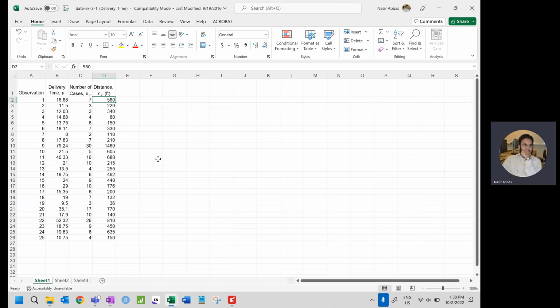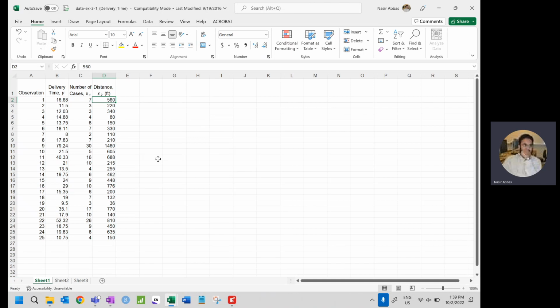And this time they brought another variable that is affecting the delivery time. By the way, this is the same example of filling the vending machines. How much time do you need to fill the vending machine? So the time for filling the vending machine, they said initially in chapter 2, is dependent upon the number of cases you have to fill into the vending machine. Now they are also saying that it also depends upon how much distance the person has to travel to get to the vending machine, because that time is also included in the time.